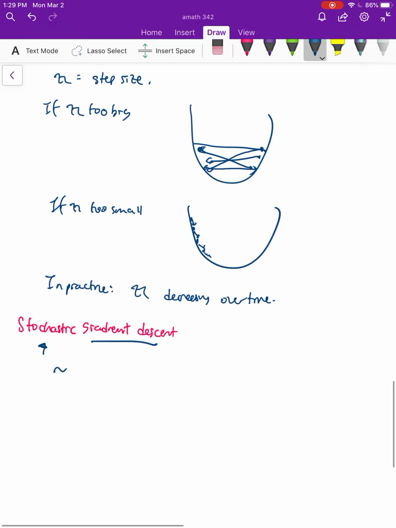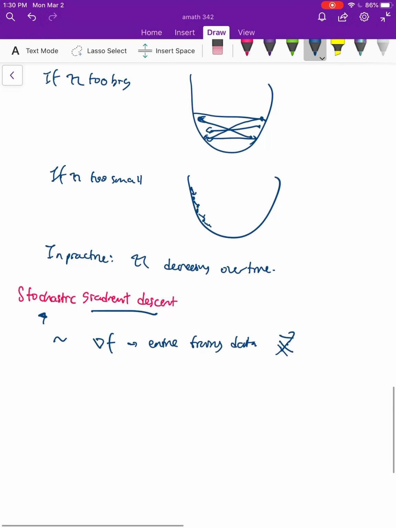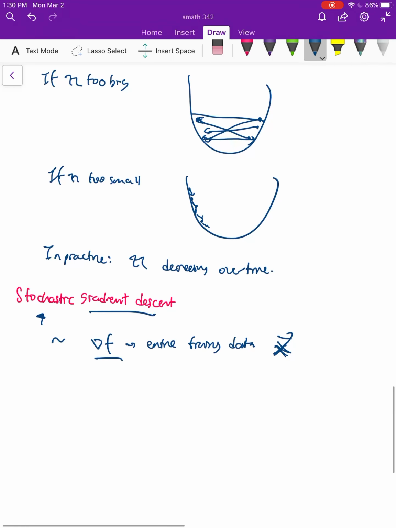Well, the intuition is that gradient descent requires computing the gradient of f, but remember that it requires the entire training data. So you would need to go through all the training data to compute this gradient every time. And you need to compute the gradient many, many times because you take small steps each time.